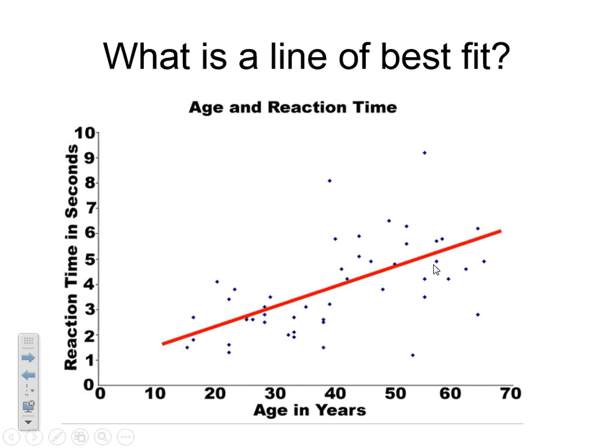But they didn't survey the 80-year-olds. So what they would do is they'd plot all these points on a scatter plot, and then they would draw their line of best fit. And then once they have their line of best fit, they can predict those things that are not already on the graph. So they could predict what an 80-year-old might be.